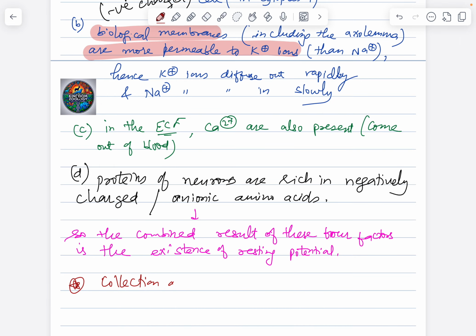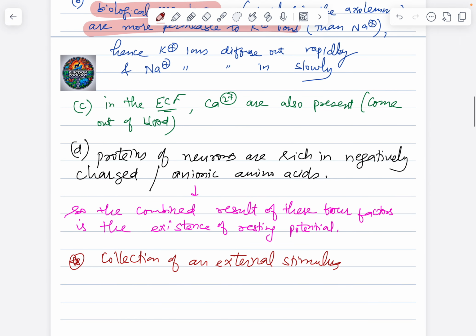collection of an external stimulus. For example, when you touch an object, the touch of the object, temperature of the object. If you are looking at something, the light rays are entering your eyes, they are also a stimulus.